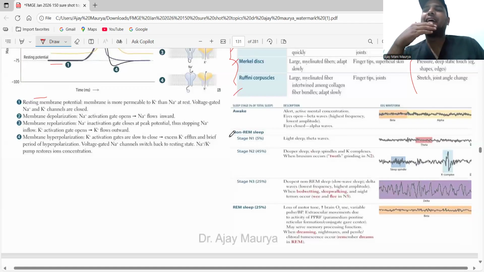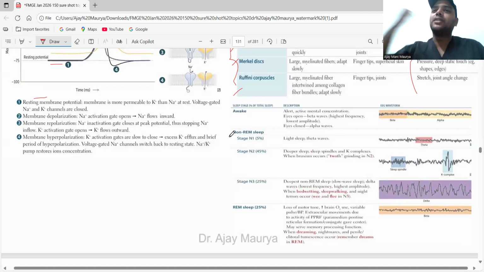I think I got a dream that I was peeing on the road, but the reality is that I was peeing on the bed only. My goodness, that is the N3 stage. Okay, then the last one is the REM, that is the rapid eye movement.